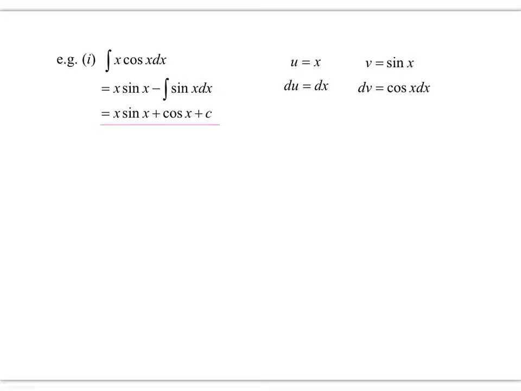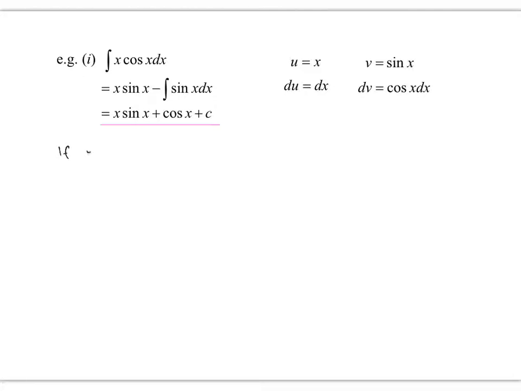And then we still have to integrate sine x. So integrating sine x, you get negative cos, double negative, you get positive cos, and then don't forget your plus c.